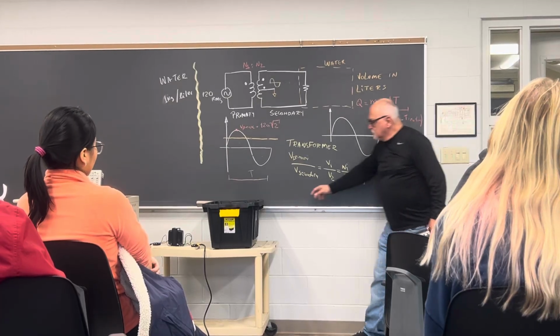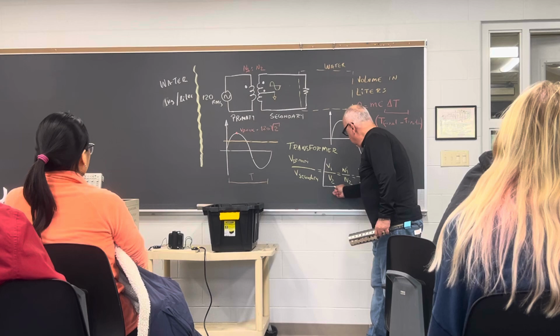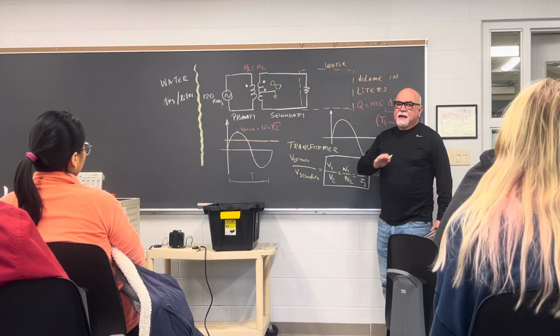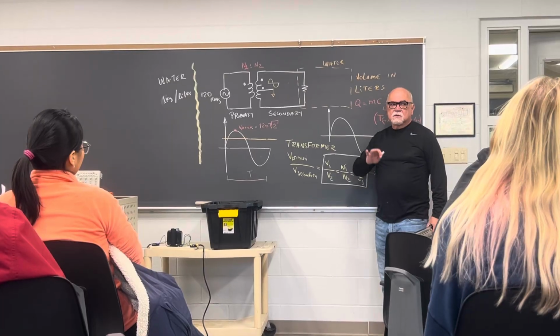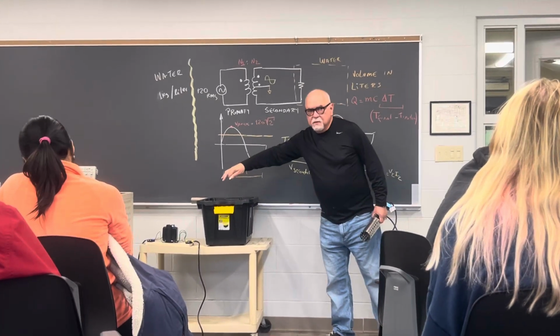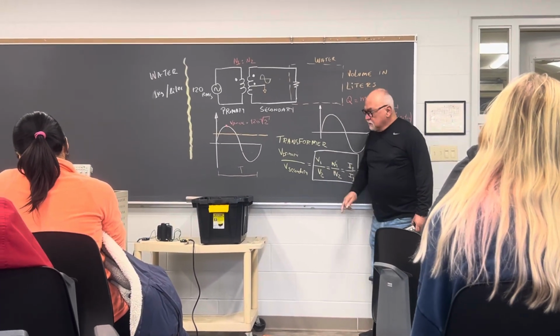This is the fundamental equation we use in transformers all the time, and it's for an ideal transformer, because a real transformer has a little more complexity, with an equivalent model inside, but we are not discussing that. For this course, what you have to learn is this.